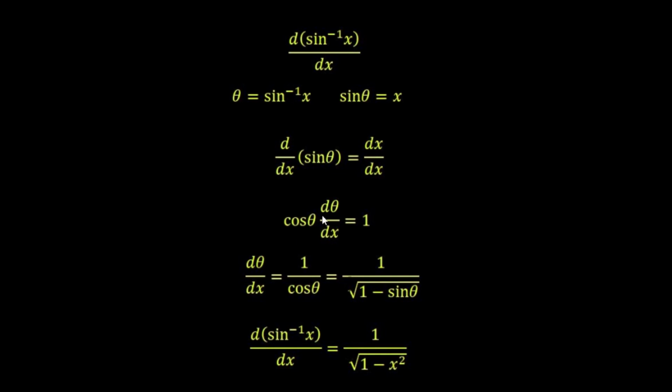So then we can rearrange this as d theta by dx is equal to 1 upon cos theta. And we can say that the value of our cos theta is nothing other than the root of 1 minus sine squared theta. So there should be a little squared term here. Okay, and that just comes from our cos squared theta plus sine squared theta is equal to 1.